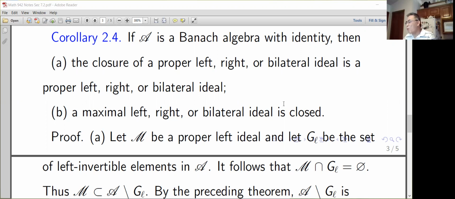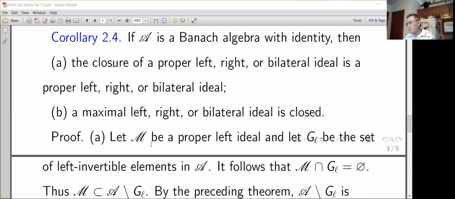Let me explain why this intersection is empty. Ideal means that if you take any element in G_L and any element in M, then the product is in M.